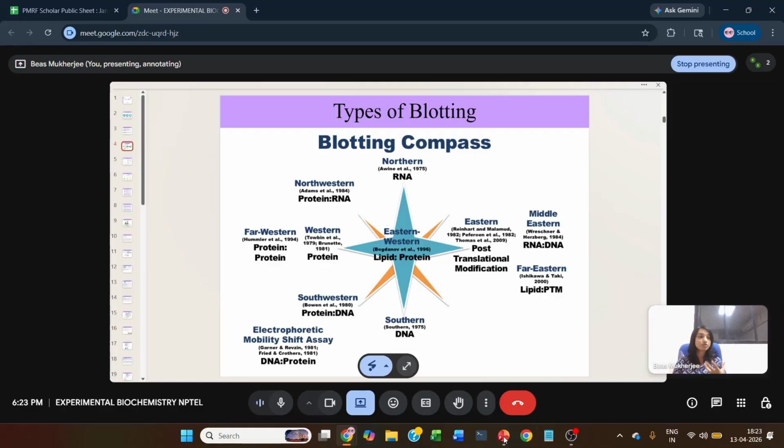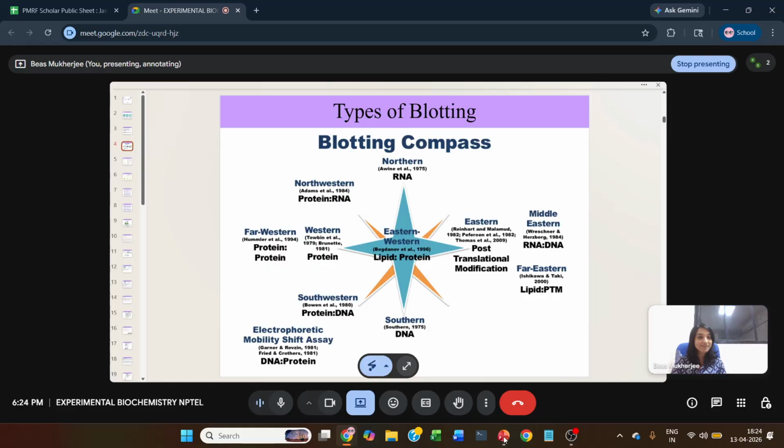EMSA does not involve blotting, but it is useful to study protein-DNA interactions. Then we have southwestern blotting, where protein-DNA interactions are studied, and then southern blotting, which was developed by Southern.